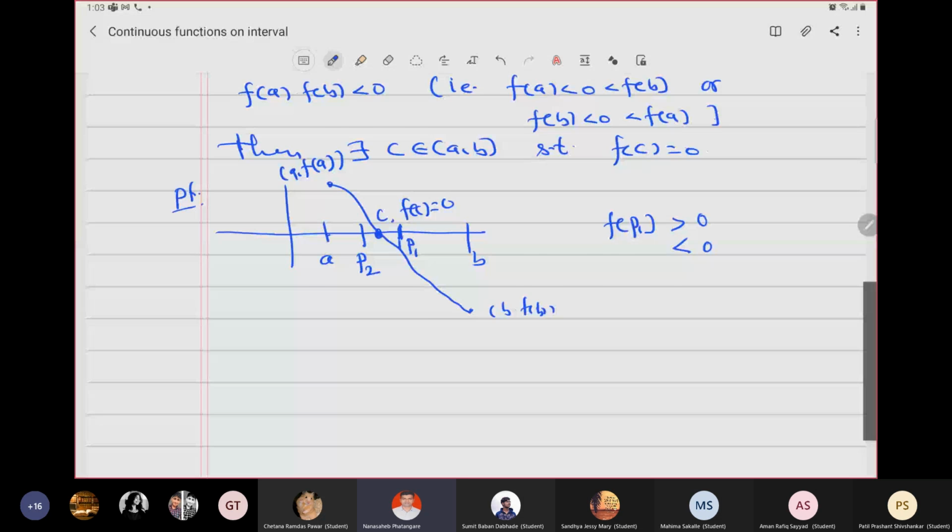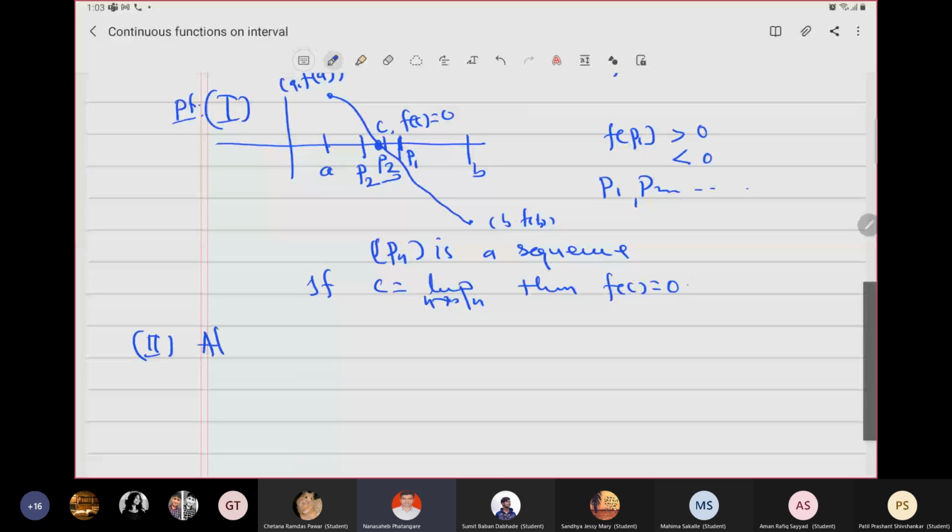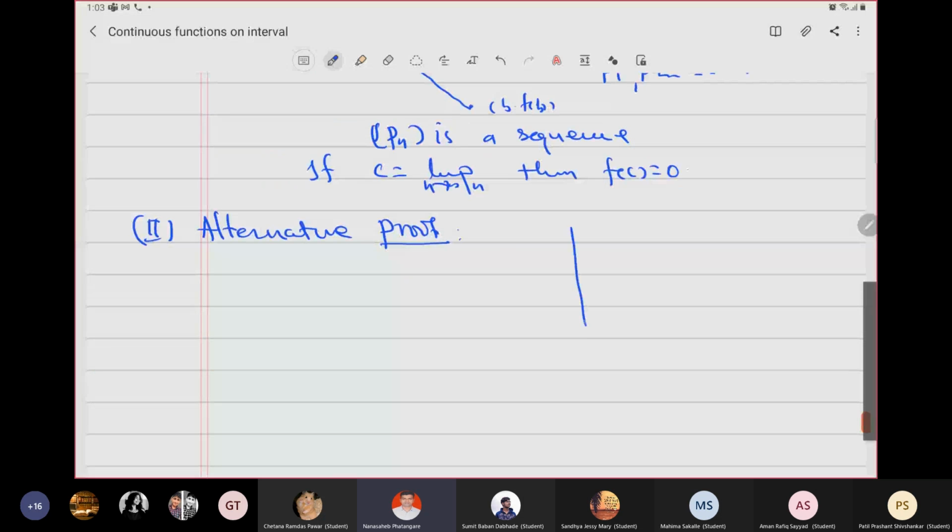Now what is the alternative proof? Our assumption is that the interval is closed and bounded, and whatever the situation, at a the function is negative and at b the function is positive. A function may have many roots. Do you see the second figure?